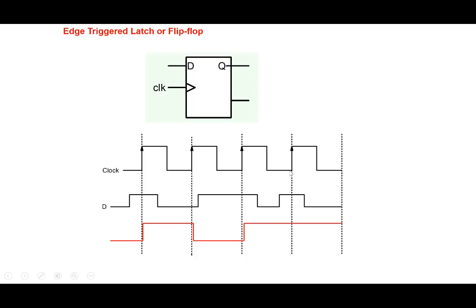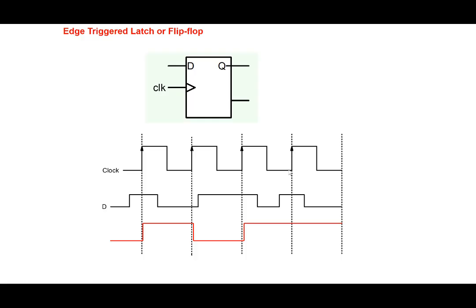Of course, there is a certain limitation. We have to keep the data stable for a little bit of time before the positive edge comes here. So during the design, we have to make sure that our data is stable and not changing very close to the positive edge trigger here. We call that the setup time of the flip-flop. So the data has to be set up properly before the positive edge trigger within a time period called the setup time.